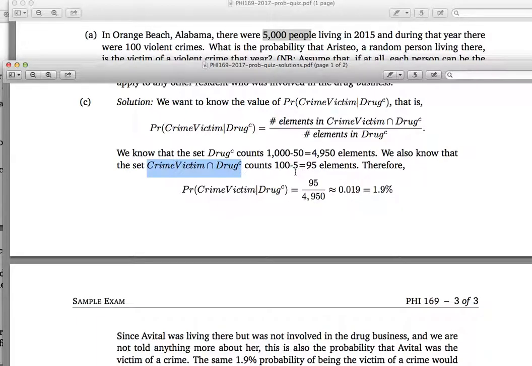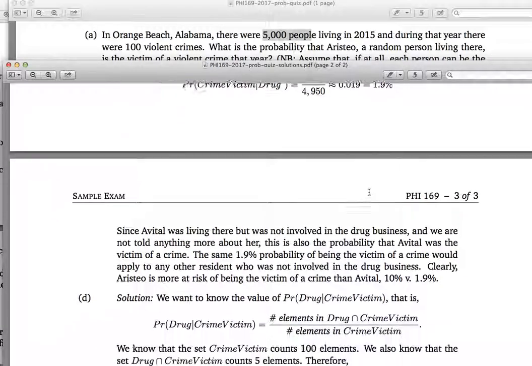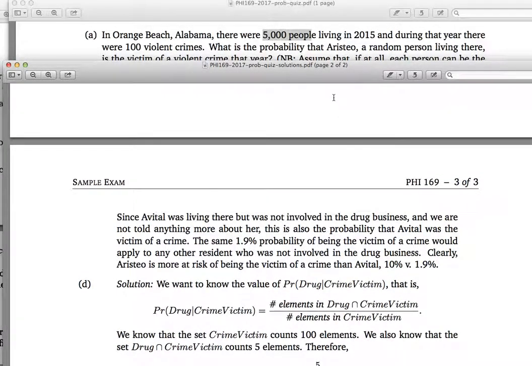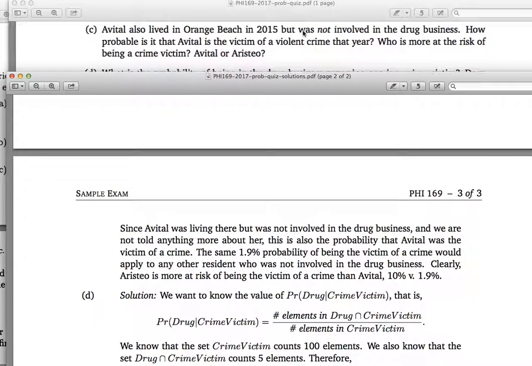And so now we have all the data, we can just do our division. We do 95 divided by 4,950, and we find out that roughly the chance of being a victim of a crime in that case is 1.9%. What's interesting here is that part of the question was also who is more at risk of being a crime victim.